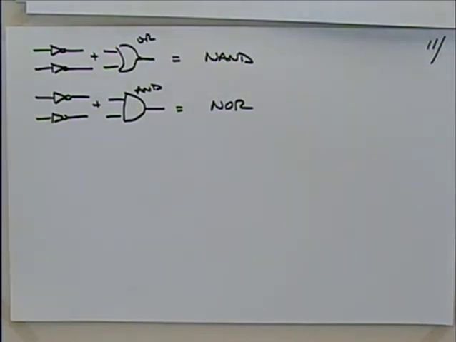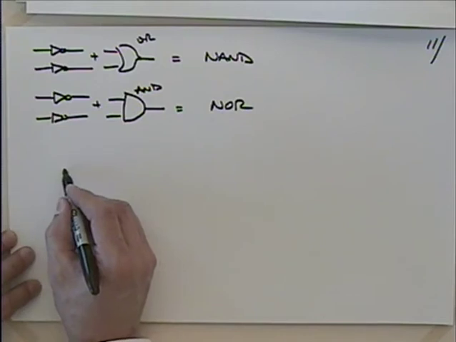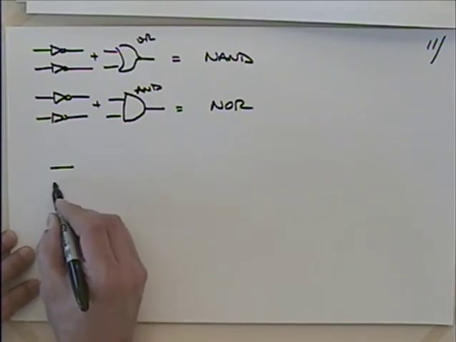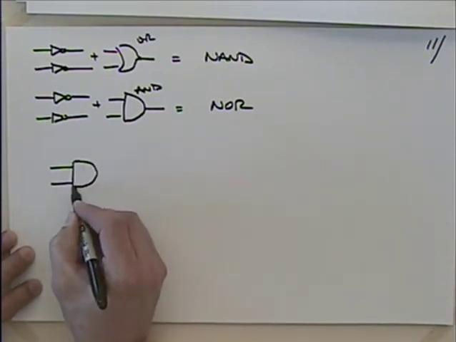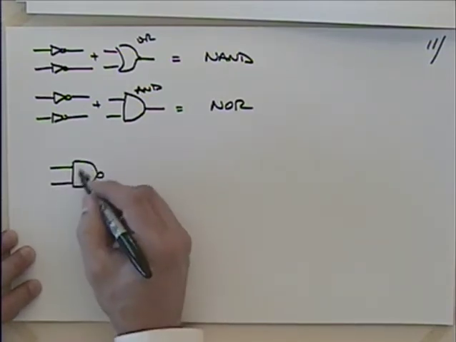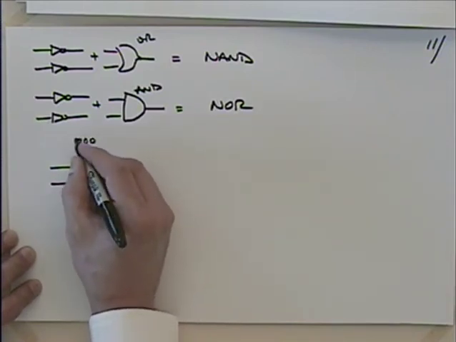Then the million-dollar question here is, how can you get an inverter out of a NAND? So let's try this. Take this NAND. We have the two inputs here on our NAND. So this is our 7400. I'm not doing very well on that.